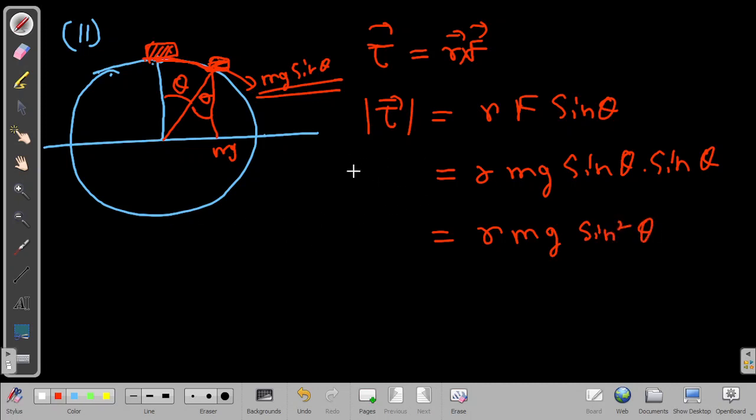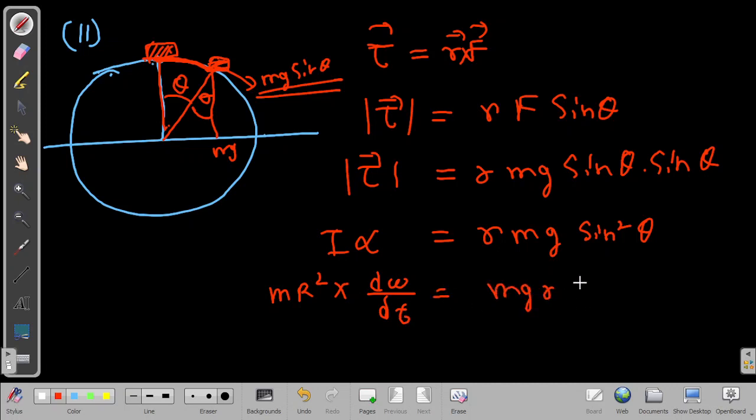So the torque, and also we know that tau is equal to I alpha, okay, and as it was moving in this path, the moment of inertia would be mr square, multiplied by d omega by dt. We can write this as mgr sin square theta, okay.